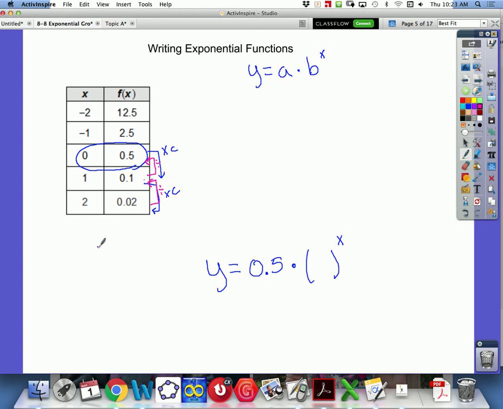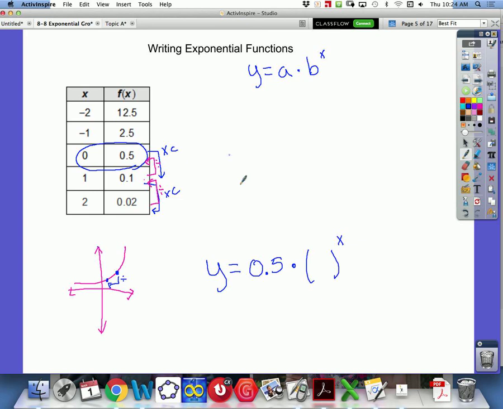And if this was a graph, if I had a graph that looked like this, we'd do the same thing. We would find the 2 points, and we would just take this one and divide it by the one before it to find the answer.